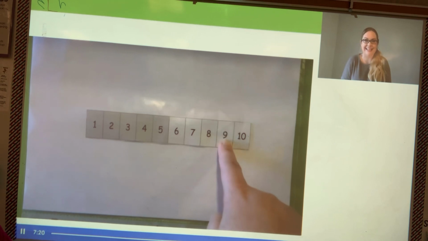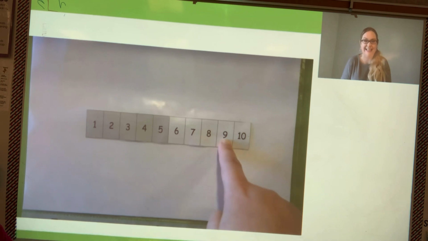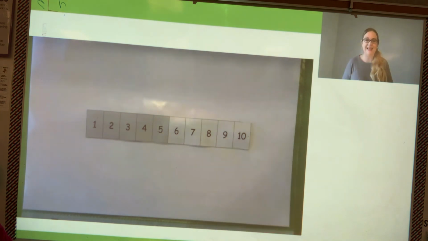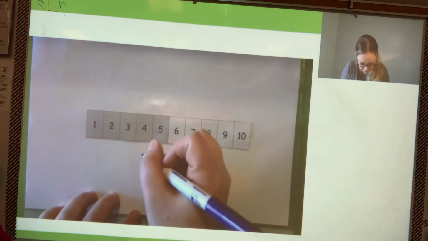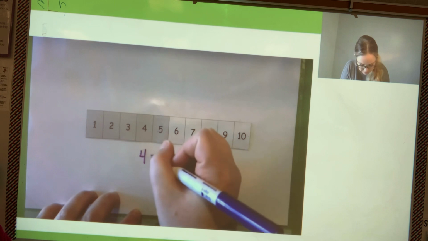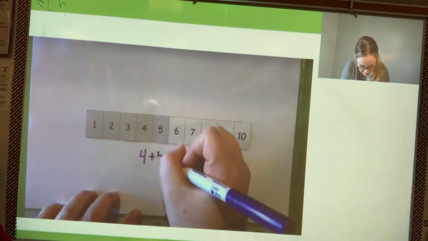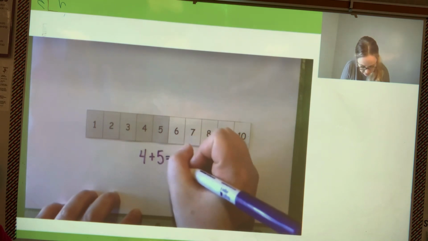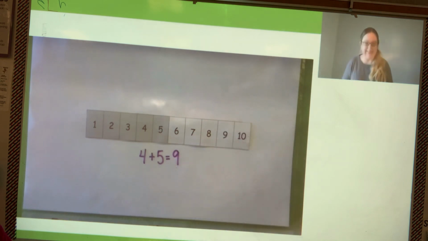Let's see if we're right. So how many pigeons do we have now? We have 9 pigeons. Now let's write and say the number sentence together. 4 plus 5 equals 9.